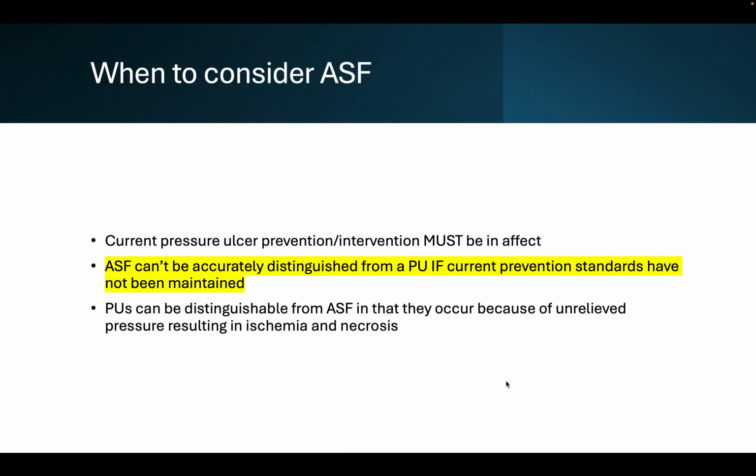So when do you consider acute skin failure? Well, current pressure ulcer prevention and intervention must be in effect. This means that we need to be doing our turning every 2 hours, keeping the skin clean and dry. We have them on the LEAF program. We may have them on an air bed or water bed.